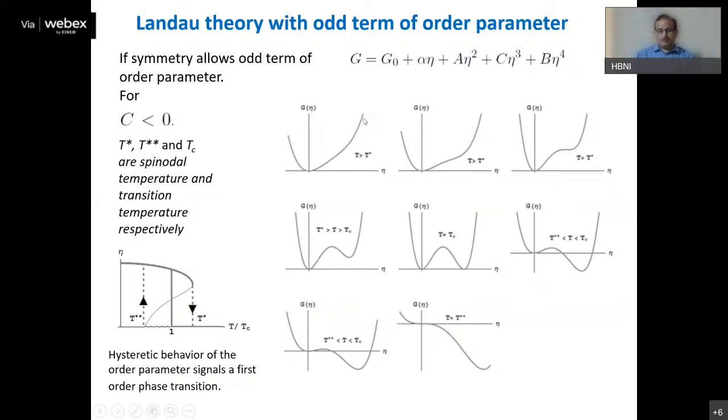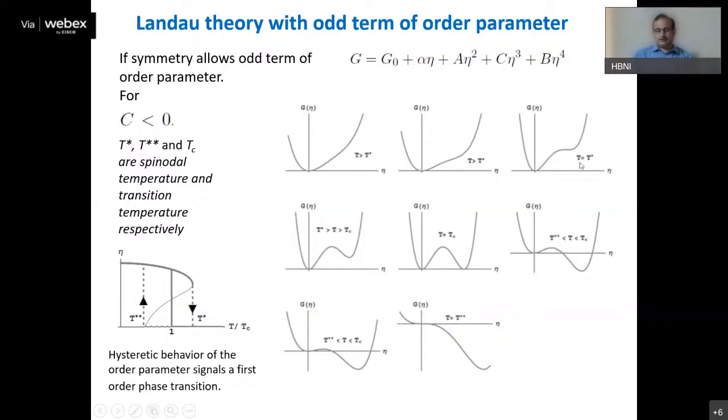Initially, when the temperatures are very high, you will certainly have a minimum at the order parameter value equal to 0. But as soon as you reduce the temperature, you will see some flattening of this free energy curve close to some value of the order parameter.